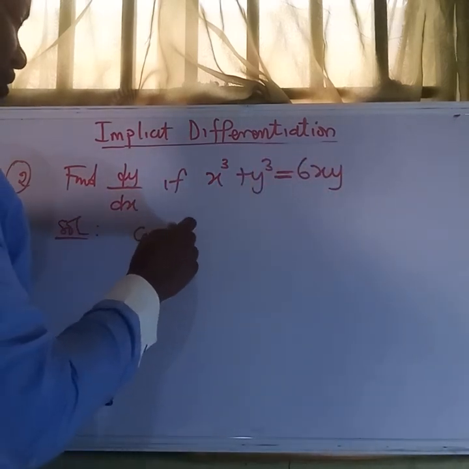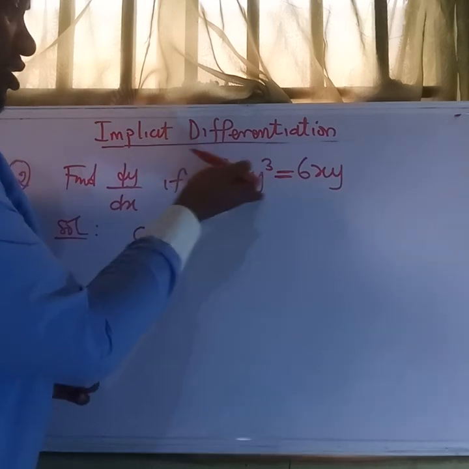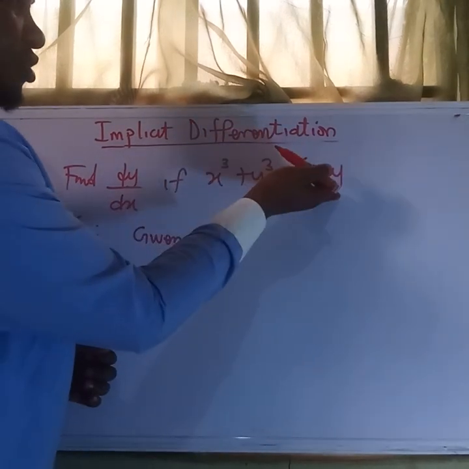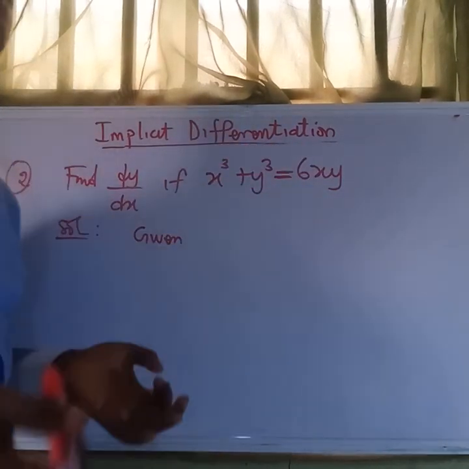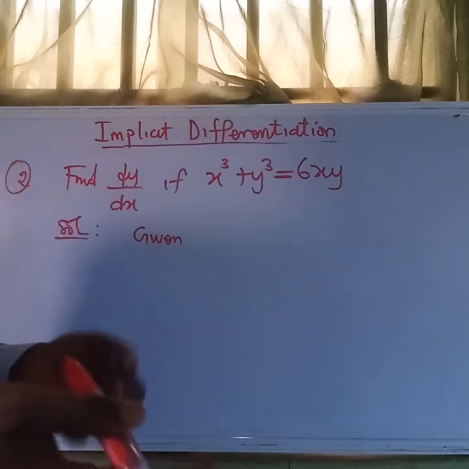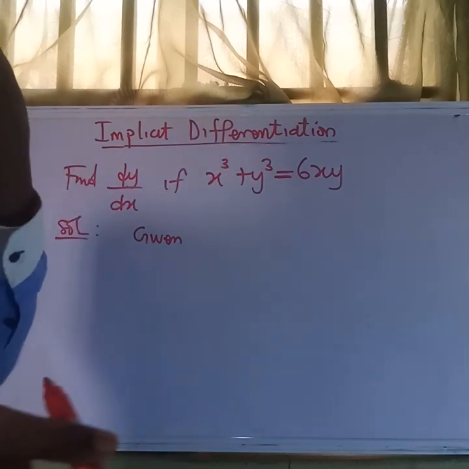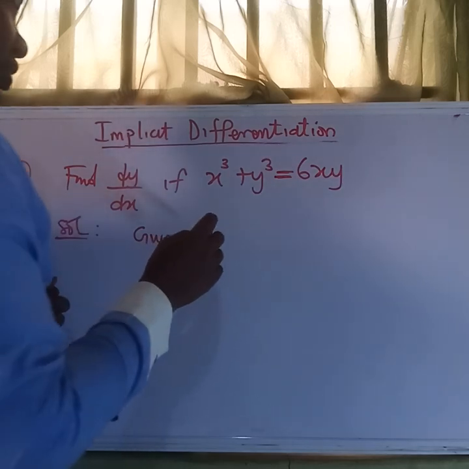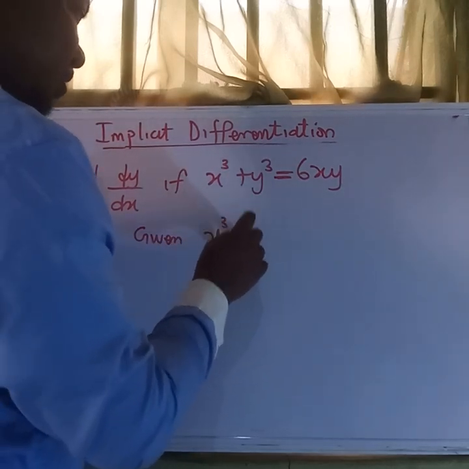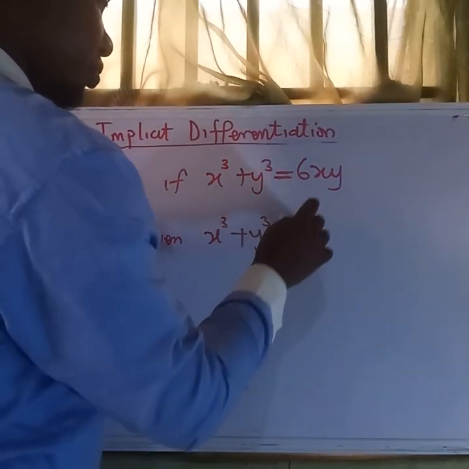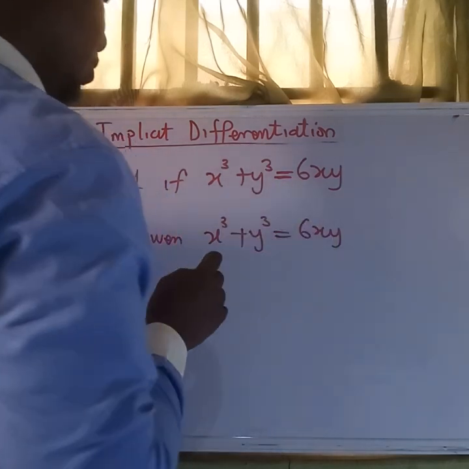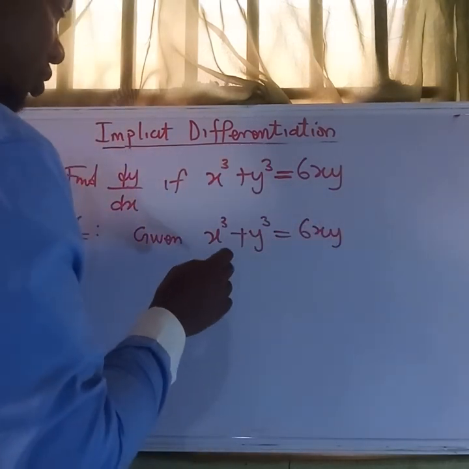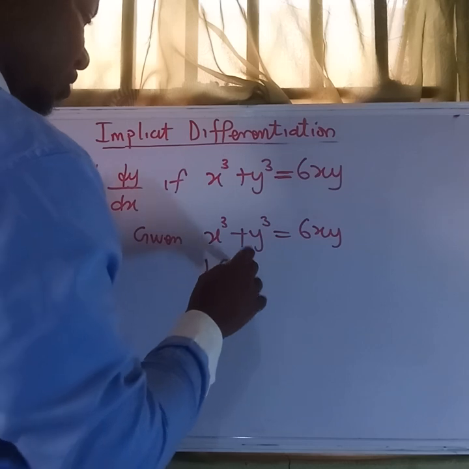What do we mean by this? It is to differentiate this side with respect to x, then differentiate this side with respect to x, and at the end we make dy/dx the subject of the formula that we are looking for. So we are given this. Let us differentiate both sides with respect to x.